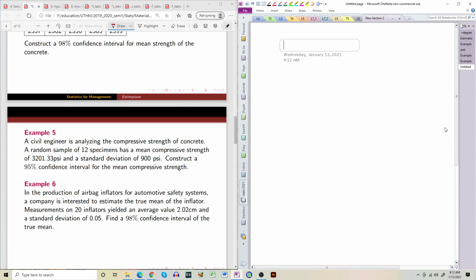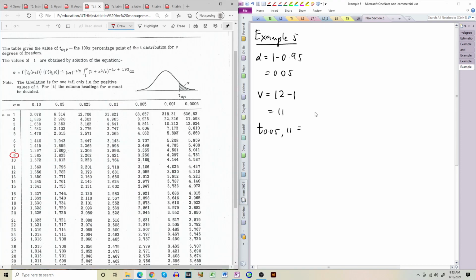So I'm going to the next page. The critical value, the t 0.05, 11.